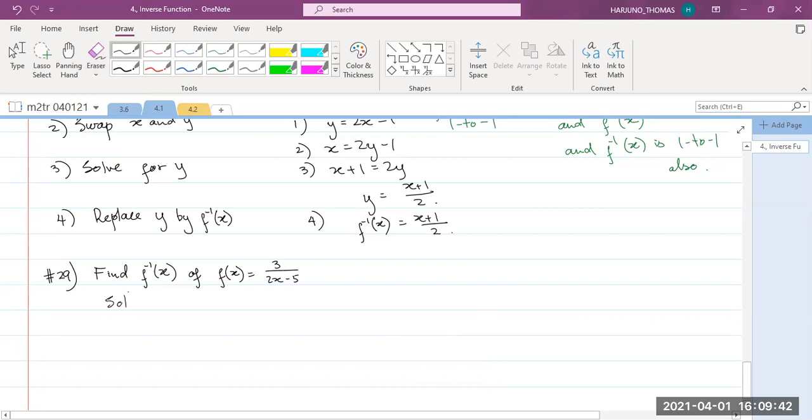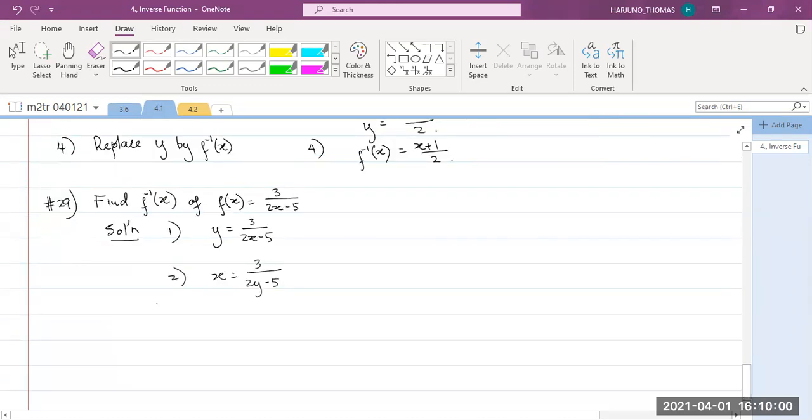So how will you show that? I need you to show it like this. Step 1, write it down: y equals 3 over 2x minus 5. Step 2, you swap the x and the y. Step 3, you solve for y. So multiply both sides by the LCD, that's a common practice, and then distribute: 2xy equals 3 plus 5x.